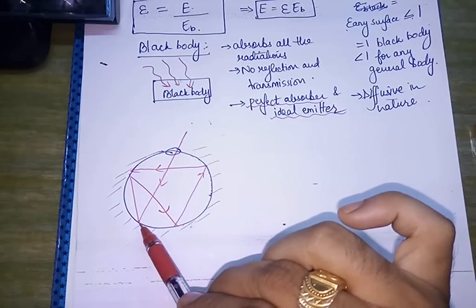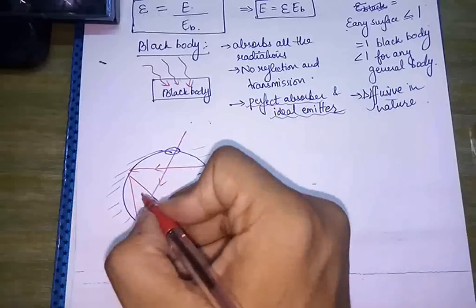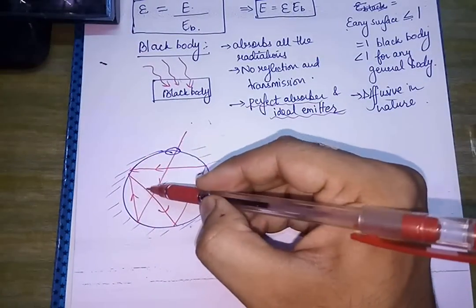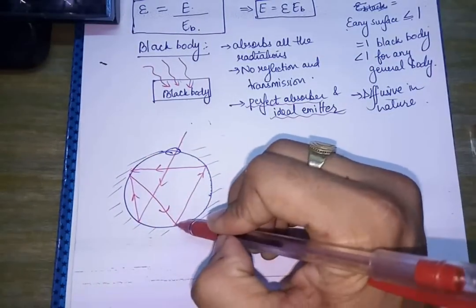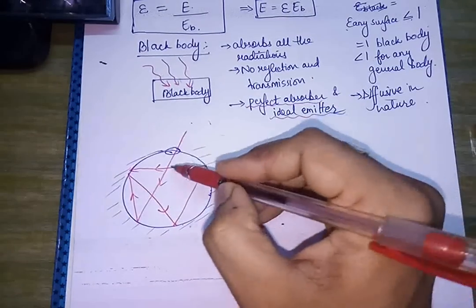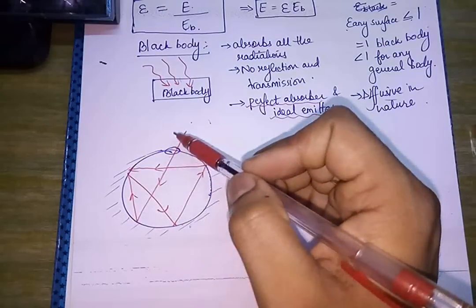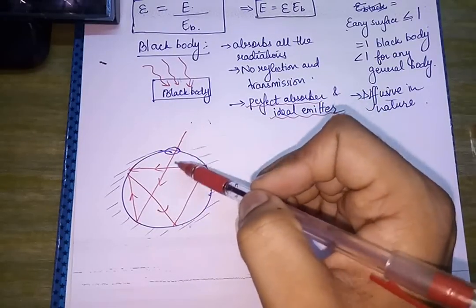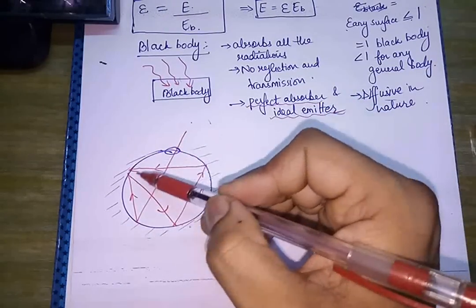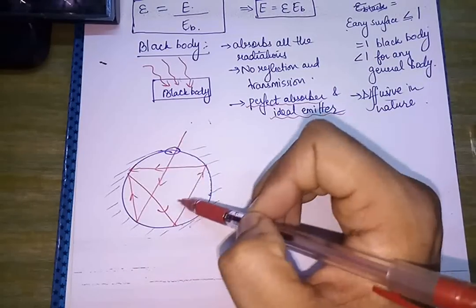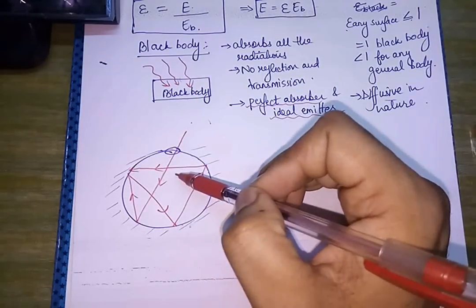After striking this surface, it will be reflected here, again reflection here, again reflection here. So this radiation ray will be completely internally reflected within this cavity and it will be absorbed by this body in the inside chamber.